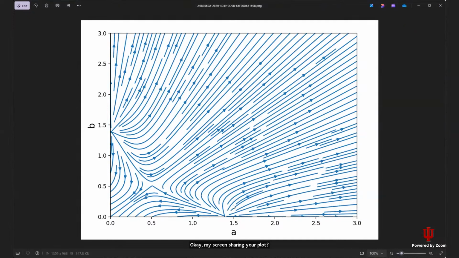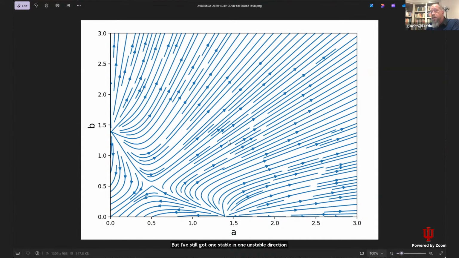So my initial stable fixed points are now unstable, which is what I expect. My initial unstable fixed point is still unstable when I've time reversed because it was a saddle. And so the direction that was stable is now unstable, and the direction that was unstable is now stable, but I've still got one stable and one unstable direction.